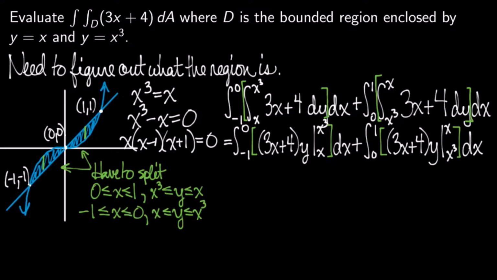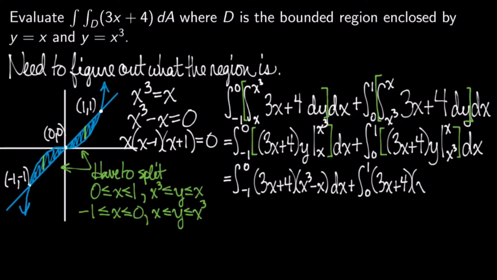And you've got your evaluation bar over here with the x and the x cubed. And same over here. So it'd be the same antiderivative, different evaluation limits. So here's what you get when you plug in those evaluation limits: an x cubed minus x in parentheses here and an x minus x cubed over here.